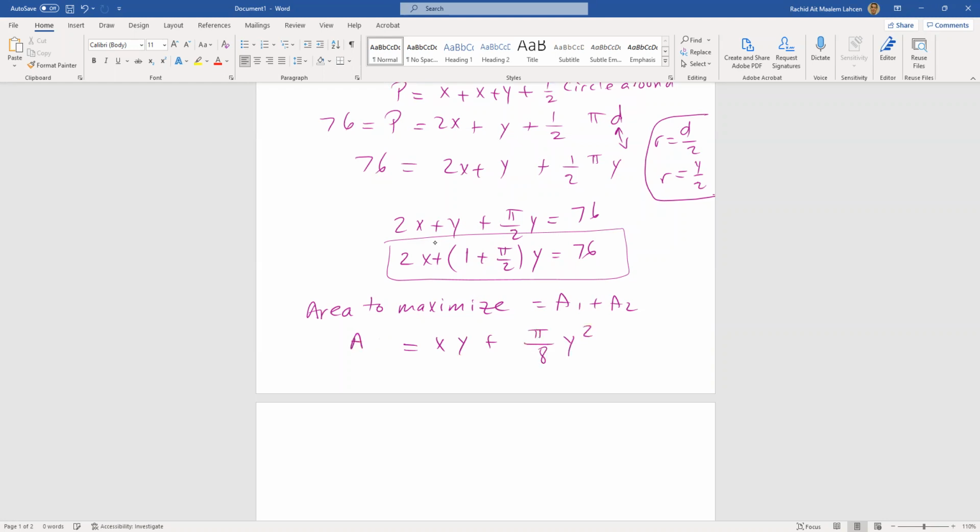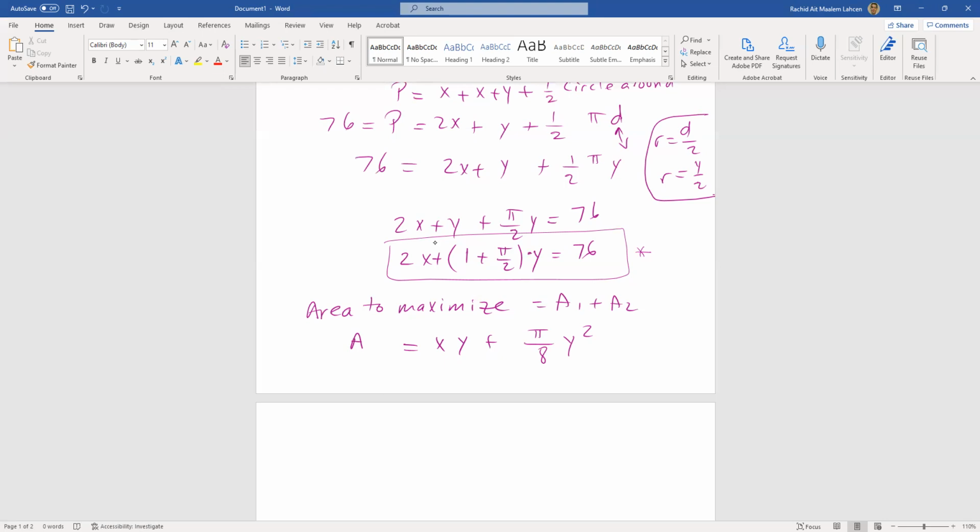All right. So here now we have x and y, and we need to decide, based on this, if I'm solving for x, it looks like you're just dividing by 2 and this thing stays. If I'm solving for y, you're going to divide by this and it's going to create a problem.